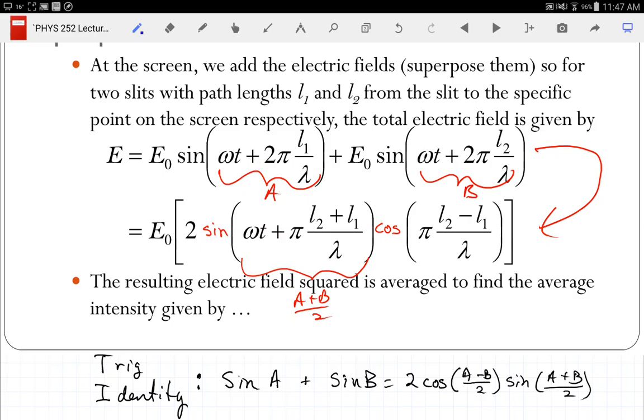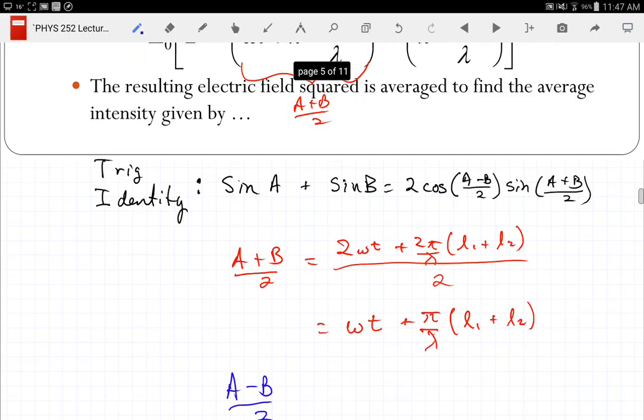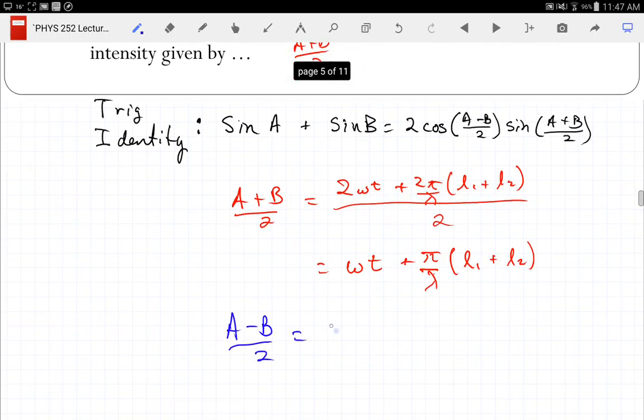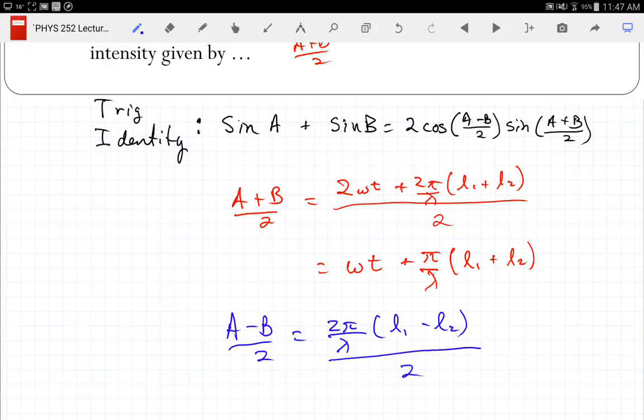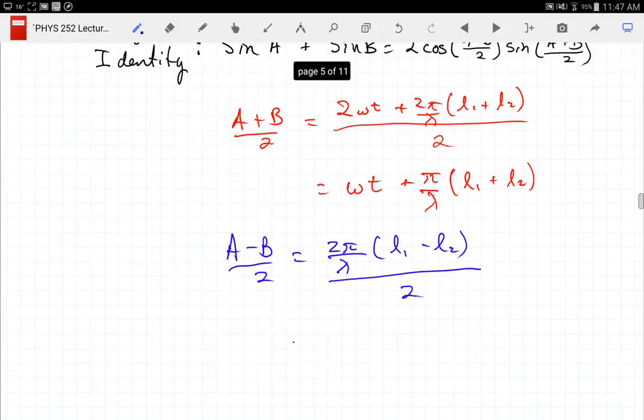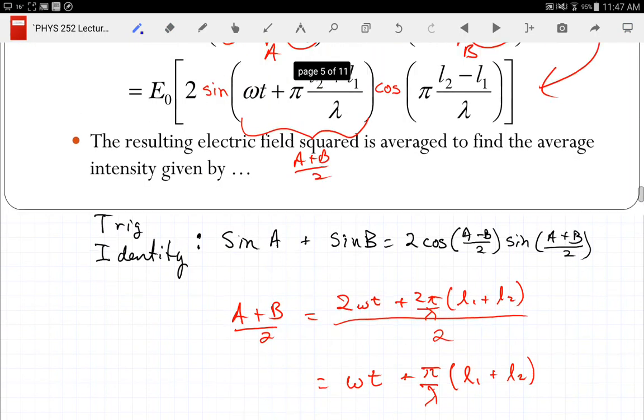And I'm left with, I can factor out 2 pi over lambda again. I'll have 2 pi over lambda times L1 minus L2. And then, of course, I have to remember to divide by 2. So that's equal to pi over lambda times L1 minus L2.